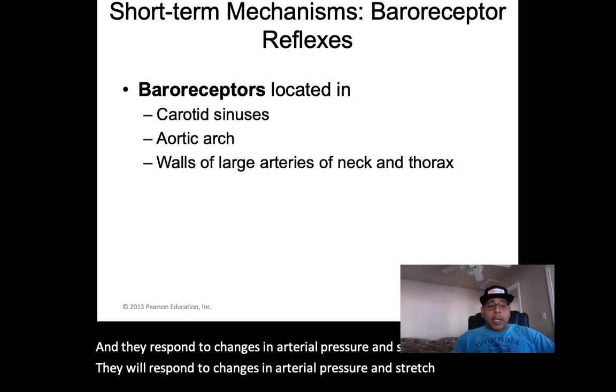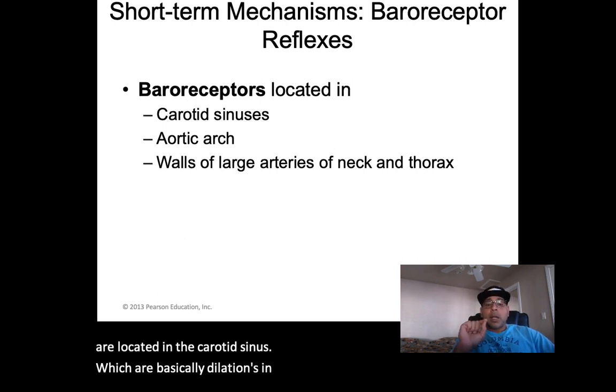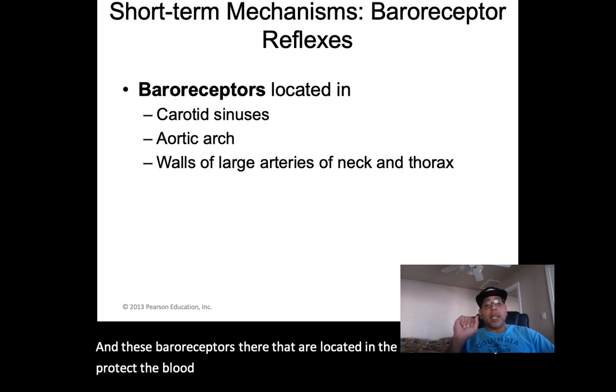Baroreceptors are located in the carotid sinus, which are basically dilations in the arteries. These baroreceptors in the carotid sinus protect the blood supply to your brain.